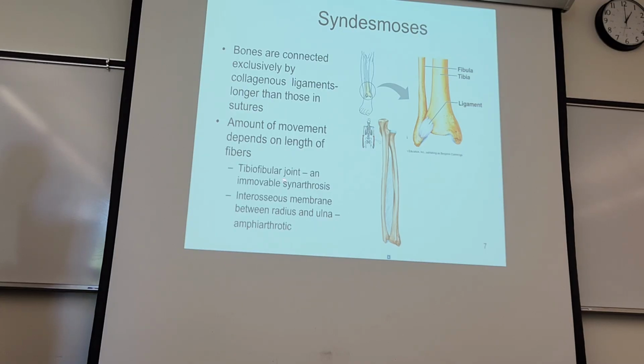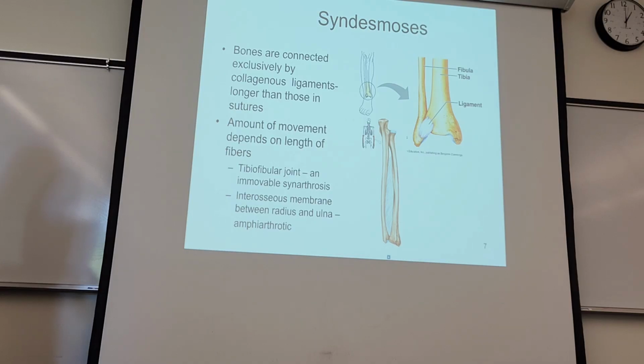So the example that I want you to know for a syndesmoses is the tibiofibular joint. This is distal, so this is at the bottom. This is where we have the medial malleolus, and what's on the fibula? The lateral malleolus. So connecting the lateral malleolus to the lateral aspect of the tibia is a ligament, and it's called the tibiofibular joint.